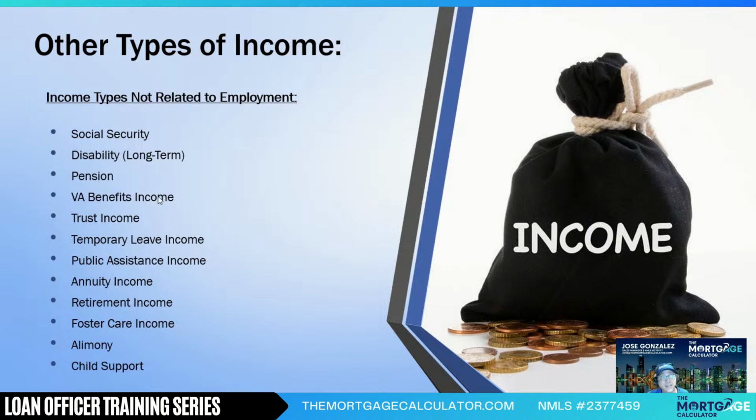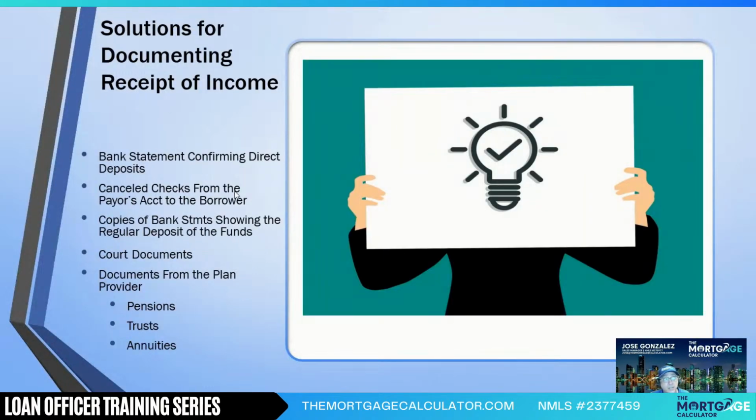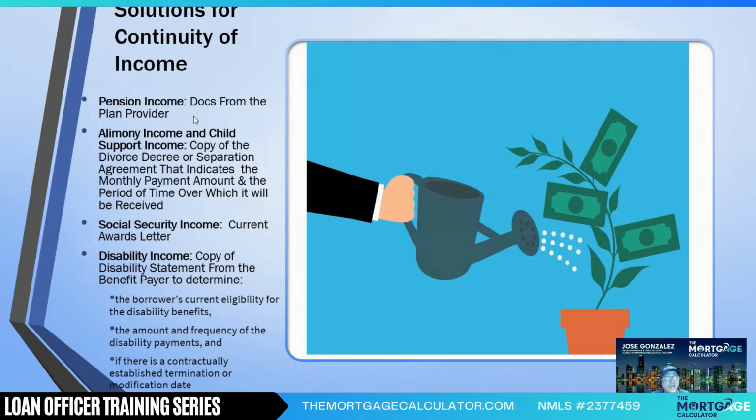VA benefits, that's like Social Security. That's like there's an awards letter to that, and you can see the deposits going in also every month into the bank. Same as Social Security, you see it going every month into the bank. So, I mean, again, the main thing here is for you to realize the thought process that comes into play when you're looking at solving, documenting the receipt of the income, which is the biggest challenge, and documenting the continuity of the income.